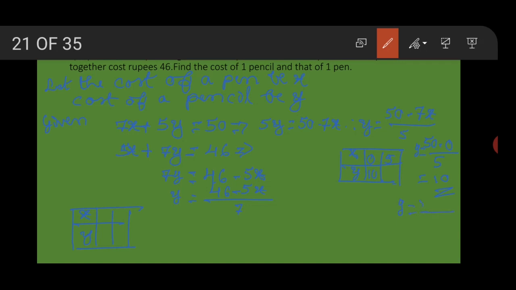Y is equal to 50 minus 7 into 5 divided by 5, 7 5s are 35, 50 minus 35 is 15 divided by 5. Simplification, 5 3s are 15. So value of y is equal to 3.